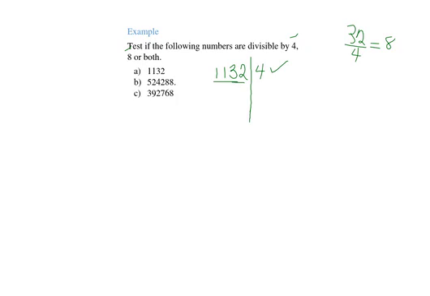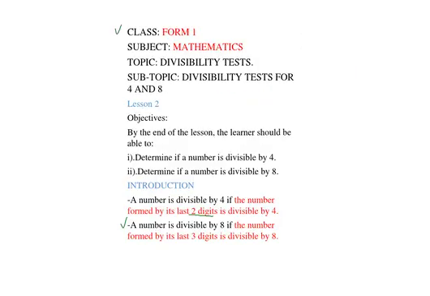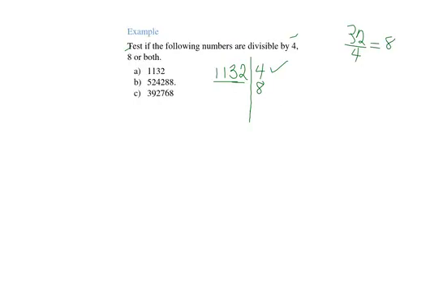We test for divisibility of 8, and in our notes we have been told to consider the last 3 digits. So the last 3 digits of this number are 132, that is 132. So we divide by 8. We have 1 because of 8. We minus, and this gives us 5.